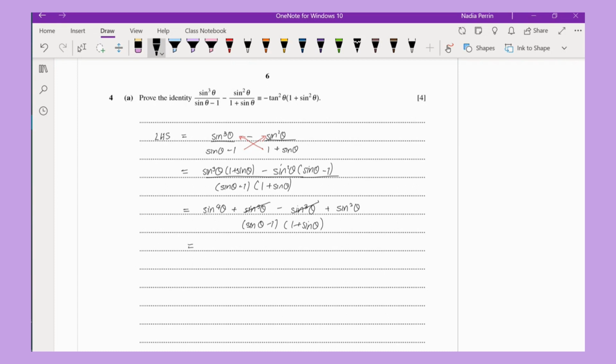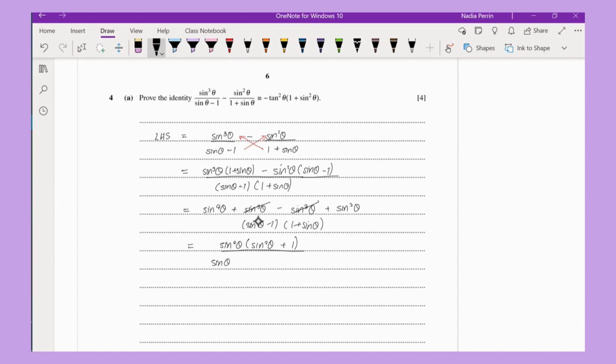So the next line, I am going to factorize sine squared out of the top. And on the bottom, I am going to now expand it.